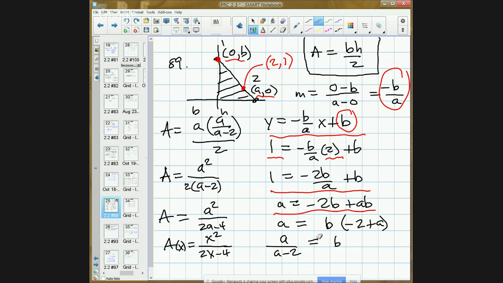And so what I did is I factored out a b on the right side, and that gave me this in parentheses. And then to solve, I'm sorry, I solved for b. And then I just divided both sides by negative. So now I have this new expression for b. B is equal to that. So now I can get rid of one of those two letters, A and B.